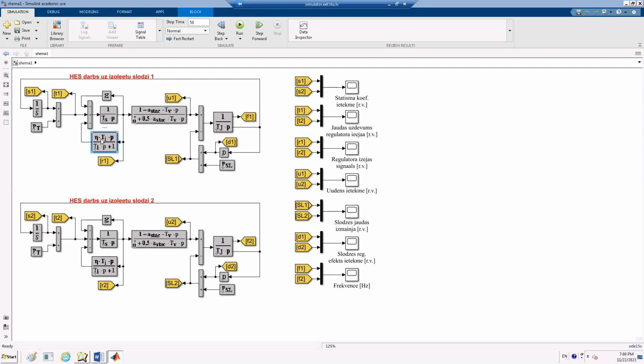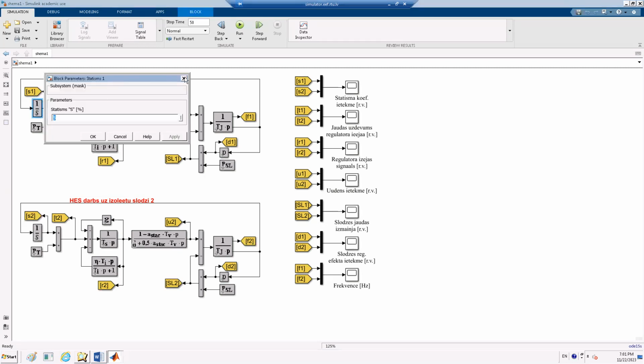It is here only to make the scheme more real. So this block does not represent any real object or real unit. It is artificial for real life, but it is needed here to make this scheme more feasible, like real life. And this one is the static coefficient.